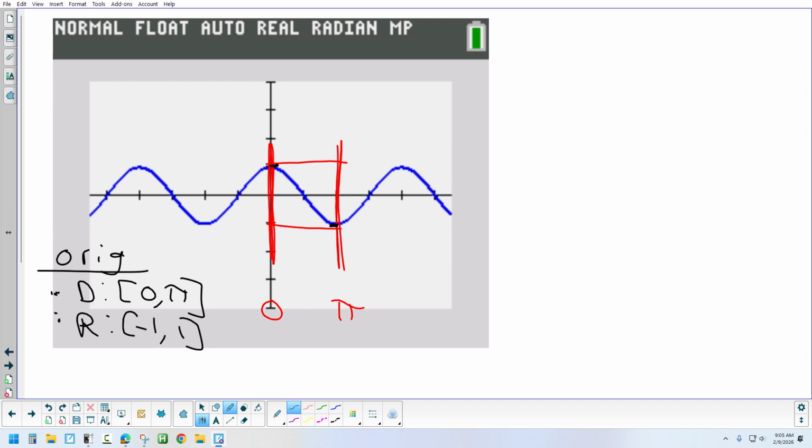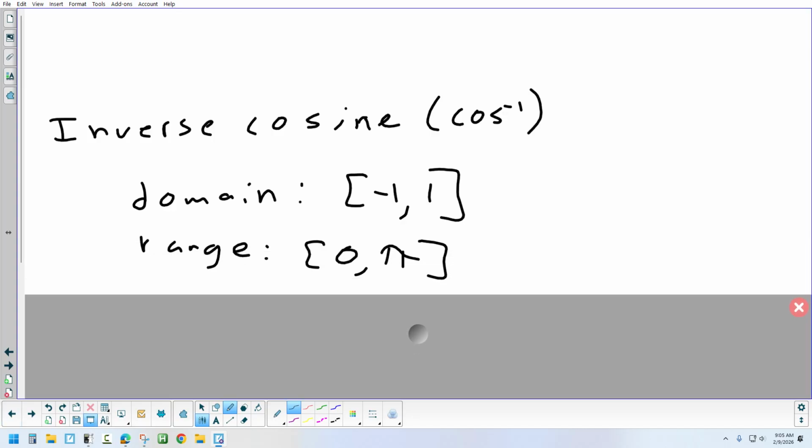When I do the inverse, what do you think is going to happen at the very end? Yeah. It's going to approach undefined. It's going to approach something that's getting very steep instead of very flat. Okay. So let's write down the domain and range of inverse cosine. So -1 to 1 and 0 to pi.